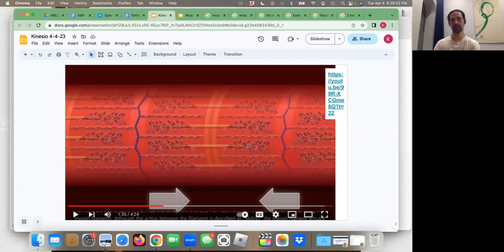And the myosin filaments pull the actin filaments towards each other, and the actin filaments slide past the myosin filaments, and that pulls the Z discs, or the ends of the sarcomere, towards each other.